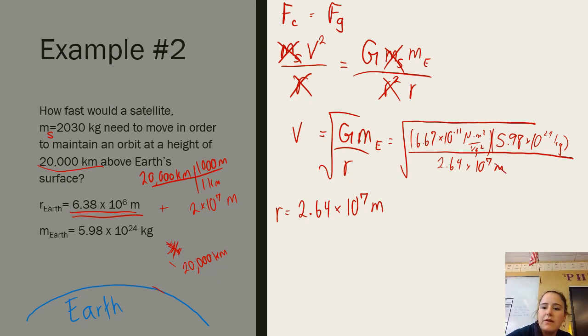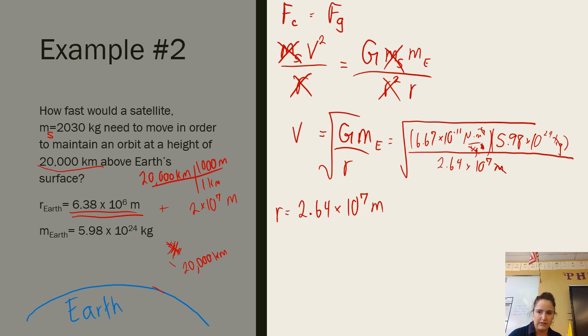Okay, meter cancels out the squared, squared cancels out that one, and we are left with nothing to cancel out the newtons. Oh, but newtons are weird units too. Newtons are actually kilogram meters per second squared. So it does end up working out.